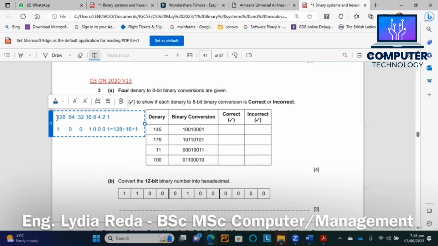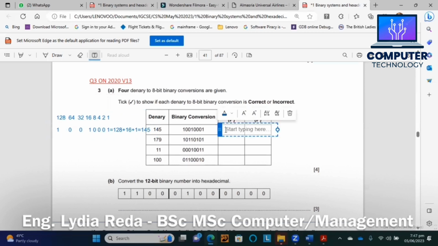I want to remind you that we are not allowed a calculator, so we have our time. So 128 plus 16 plus 1 is 145, so this is correct.